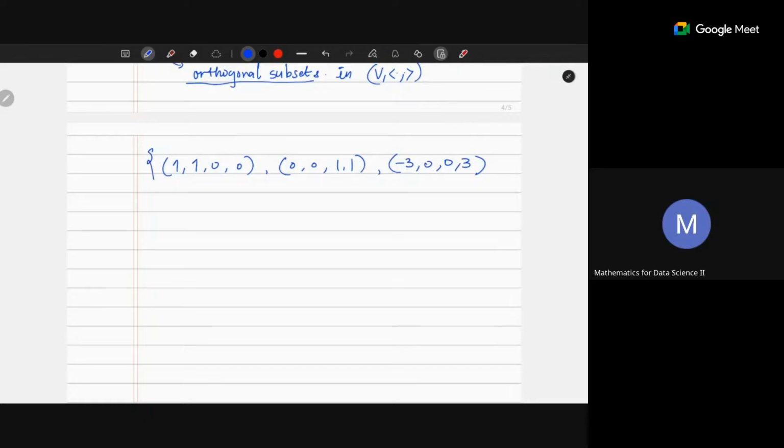Now consider this subset of three elements in R4 with dot product.